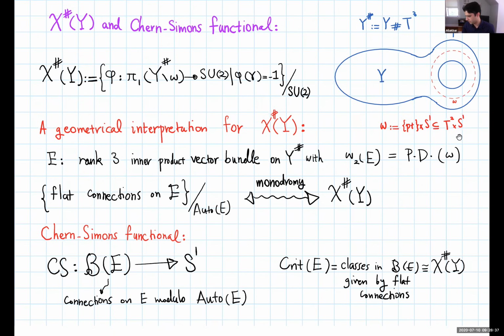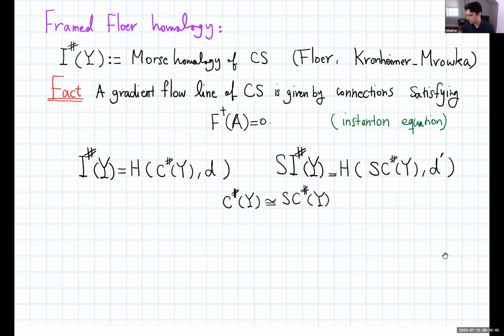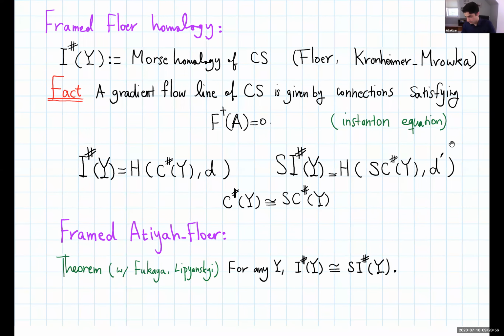Remember from the last slide that we identified the critical points of the Chern-Simons functional with chi-sharp of Y. So at least the chain groups are isomorphic to each other, but the differentials are not necessarily the same. The version of the theorem that we prove here is that for any three-manifold Y, these two Floer homology theories are in fact isomorphic to each other.